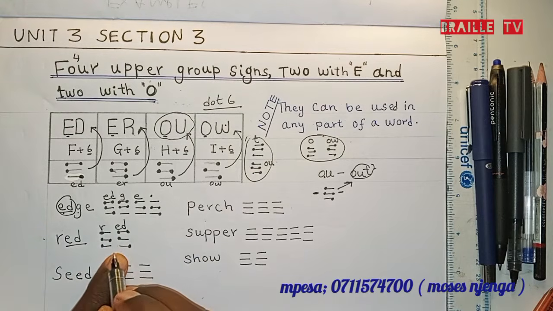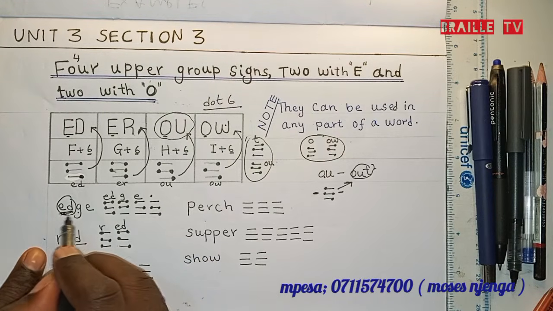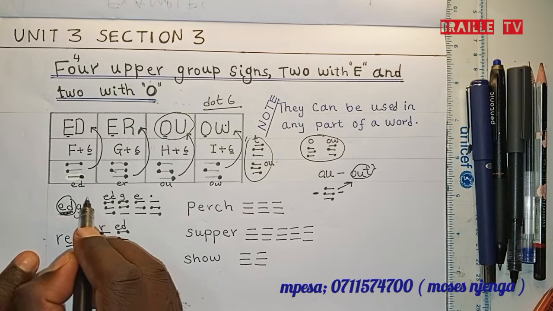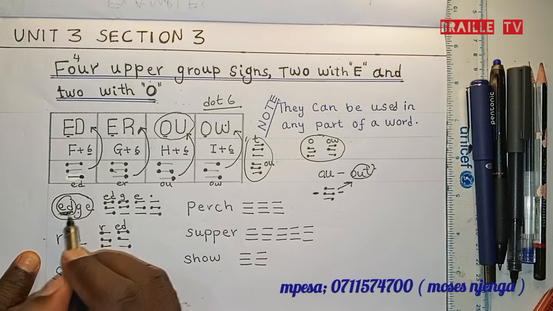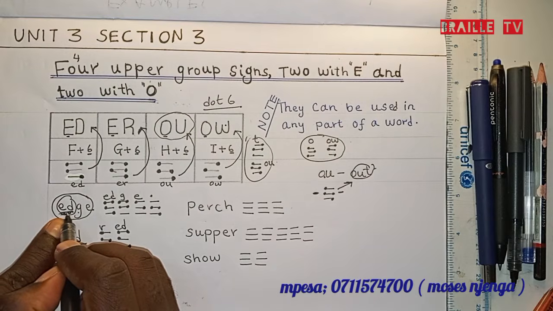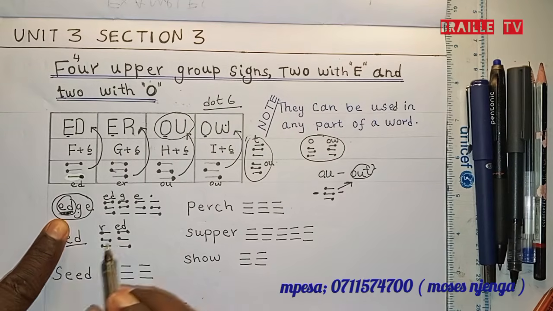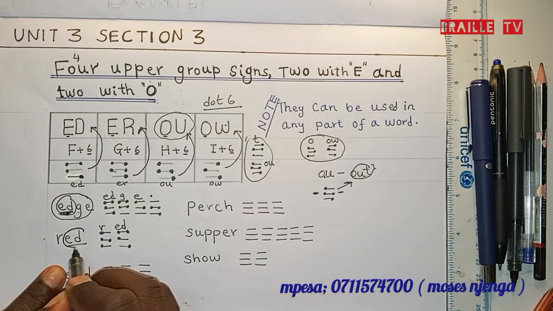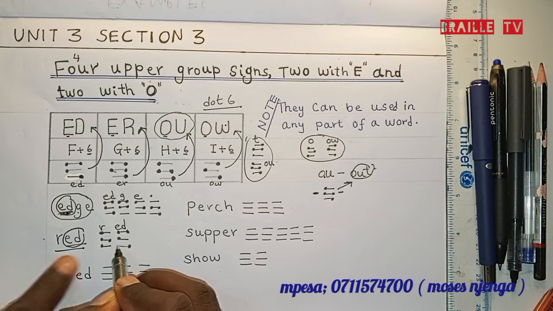Now here, you can see ED here was at the beginning of a word. This is what we say at the beginning of a word, okay? So the word itself is age, but ED is at the beginning, and we have contracted. But in the word red, you can see ED is at the end of this word, and we have contracted.